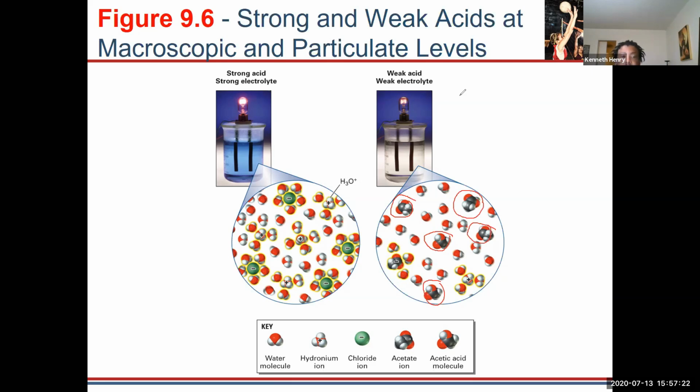So if you had to do a test to determine whether something is a strong acid or a weak acid, what are you going to use? I said if you had to do a test to determine if something is a strong acid or a weak acid, what are you going to use?